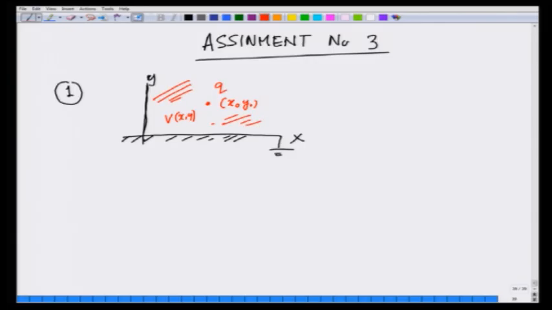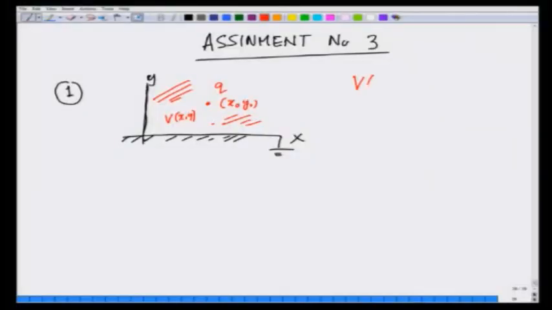Do we take the image charges such that the boundary condition is satisfied? We wish to make the potential 0 on the xz plane. You must be wondering where z is coming from. Z is here, it is coming out of the paper.